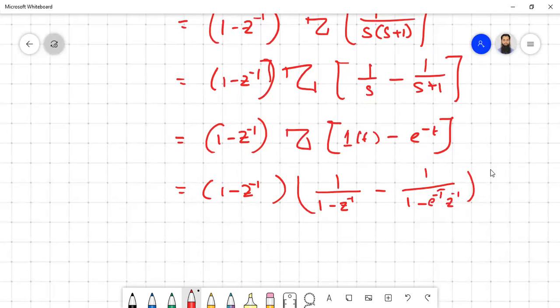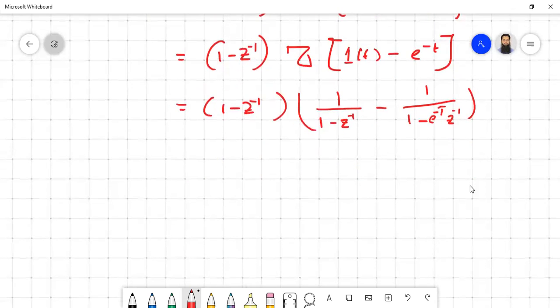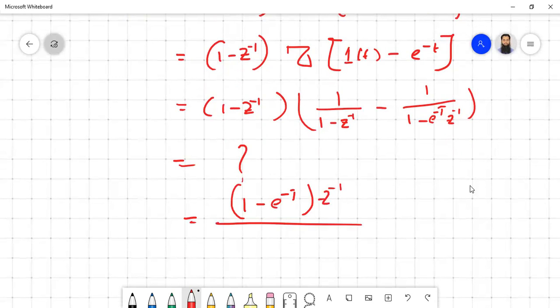So we'll just solve a bit, and then we'll find (1 minus e to the power minus T) z inverse over (1 minus e to the power minus T z inverse). Okay, so this is your solution, simplified a bit by replacing 1 minus e to the power minus Ts by 1 minus z inverse.